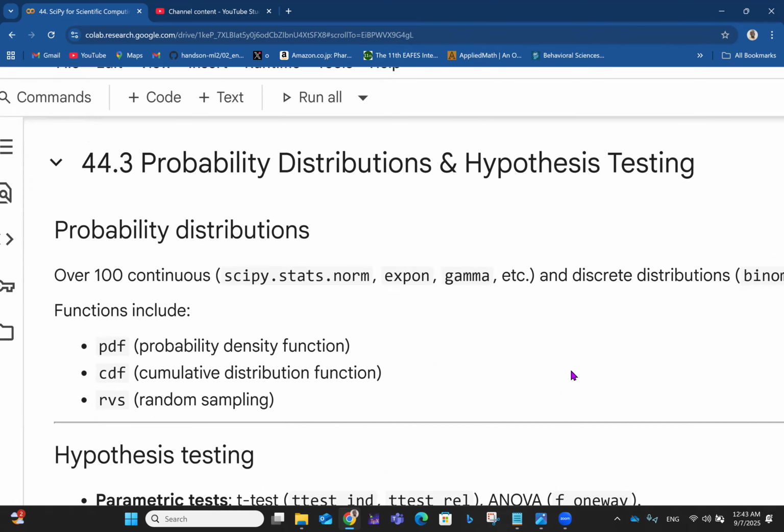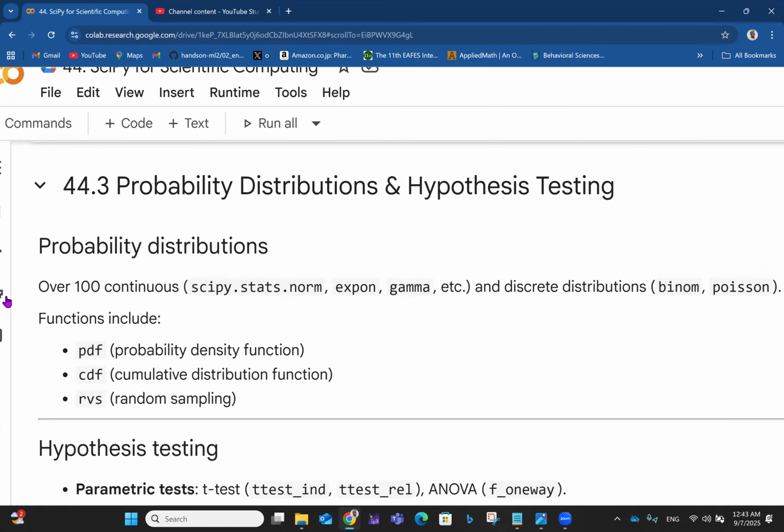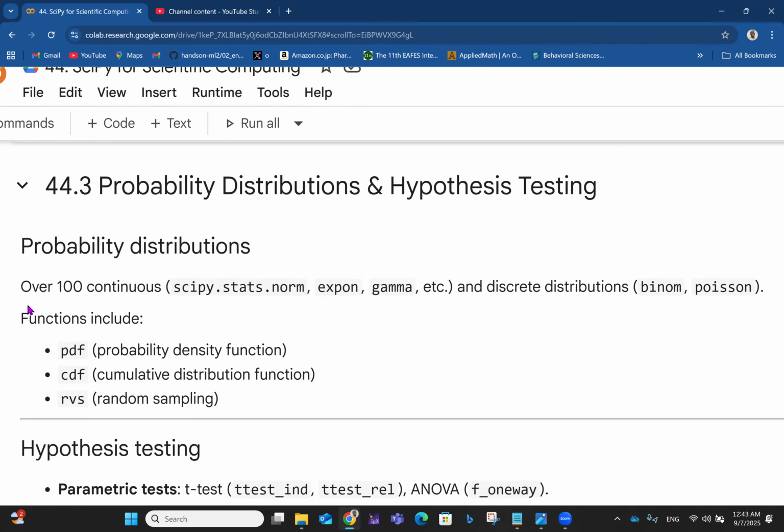Then SciPy is good for probability distributions and hypothesis testing, right? For probability distributions, you have over 100 continuous ones, like scipy.stats norm, expon, gamma, etc., and discrete distributions, like binomial and Poisson. Functions include PDF, probability density function, CDF, cumulative distribution function, and RVS, random sampling.